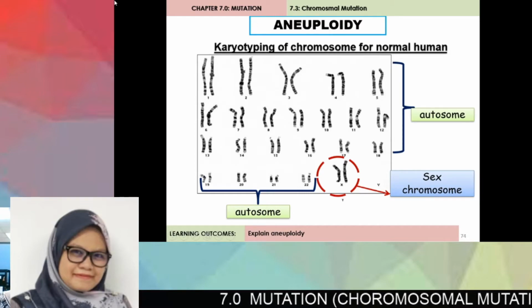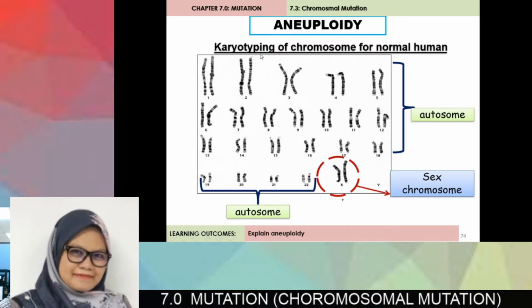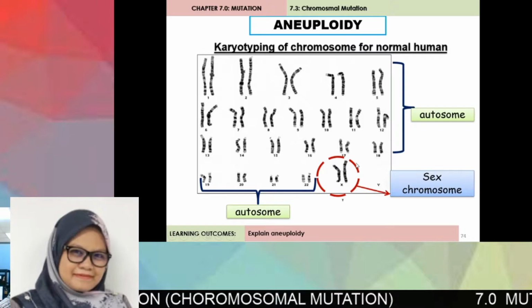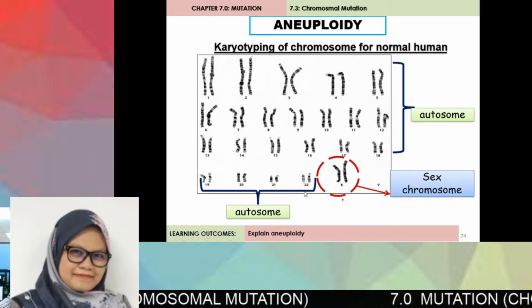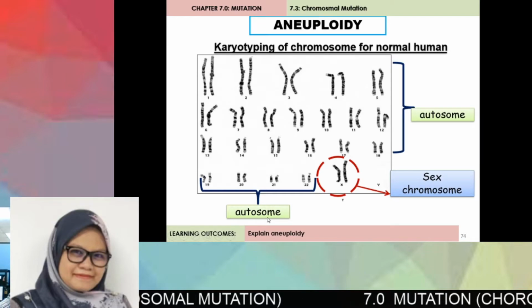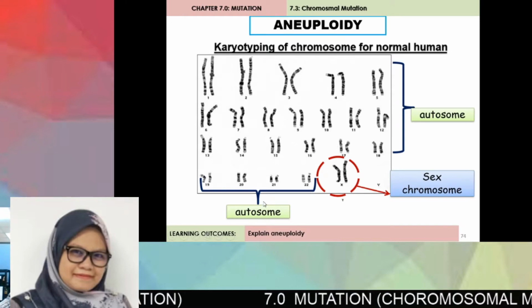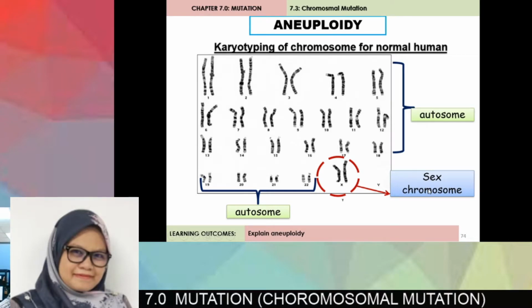Okay, for example, this is the normal human karyotype 1, 2, 3 until 23. So 1 to 23 is referred to autosome. Pair number 1 until pair number 22 is autosome. But pair 23 is sex chromosome.